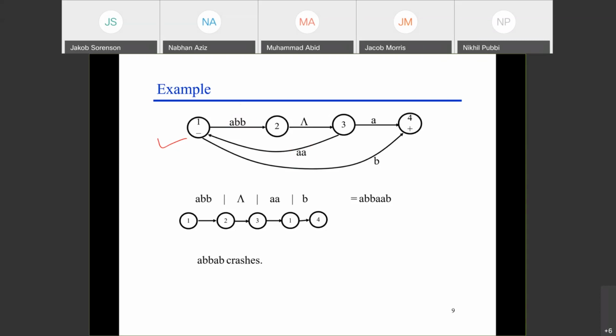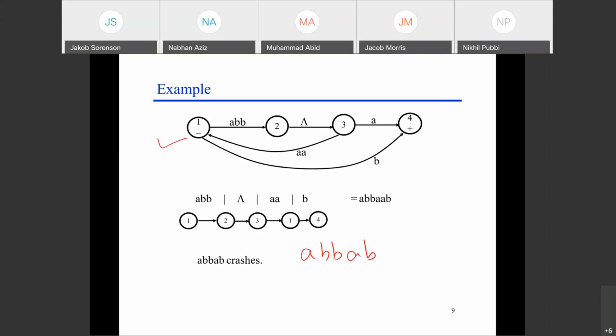Say we have the word A, B, B, A, B, and I ask you to check whether this word belongs to this machine or not. You are confused about how to make a factor of this.